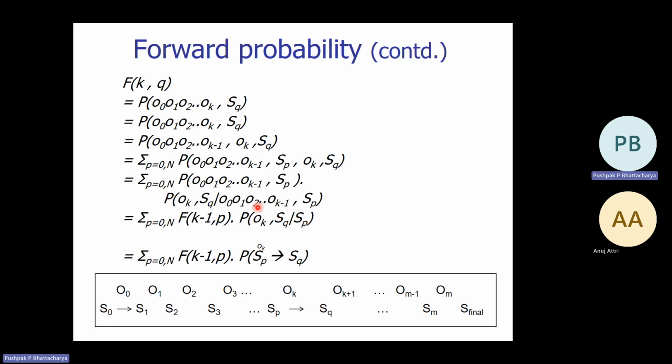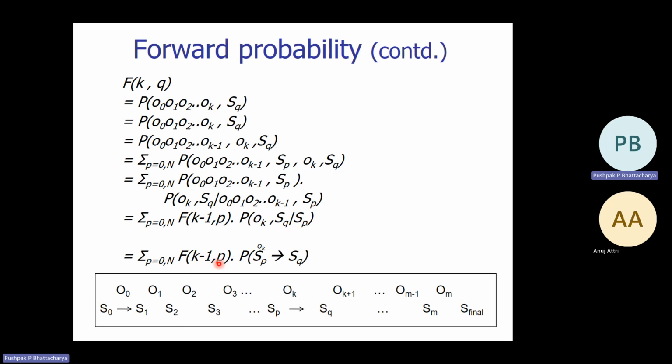Okay, so now apply Markov assumption that probability of Ok, Sq depends only on Sp, the previous state, before Ok. And probability of Ok, Sq given Sp, we have a nice notation for it. This is probability of Sp to Sq emitting Ok. Okay, this notation. So we have been able to express Fk,q as a recursive expression, which is the forward probability of k minus 1, p.